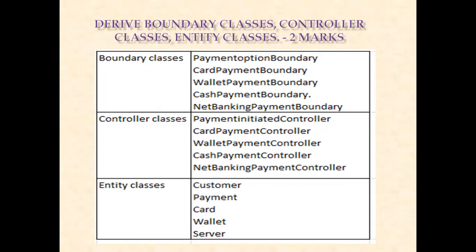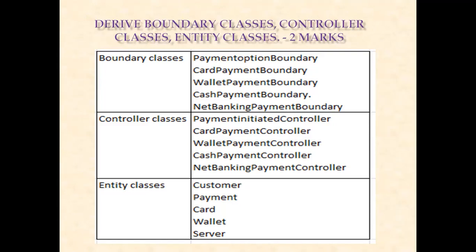Here I have divided them into boundary classes, controller classes, and entity classes. Boundary classes we have payment option boundary class, card payment boundary class, wallet payment boundary class, cash payment boundary class, and net banking payment boundary class. To understand what these boundary classes are, you might have to go through the topic again.